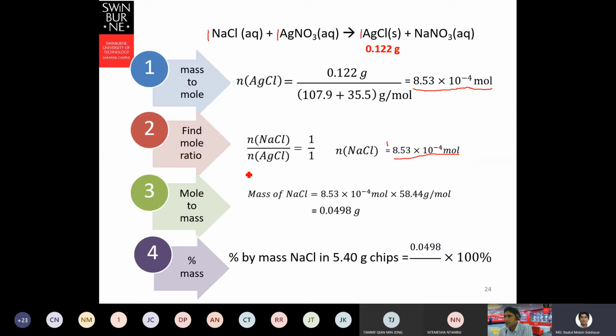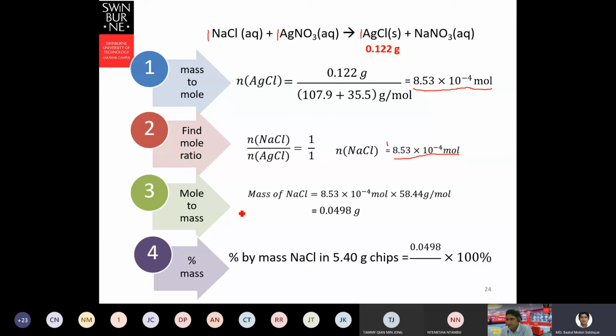So we find that the number of moles of sodium chloride is exactly the same, because the ratio is 1:1. From there, it is easy to find the mass of sodium chloride, because you just multiply by the molecular weight of sodium chloride, and then we find the mass of sodium chloride.